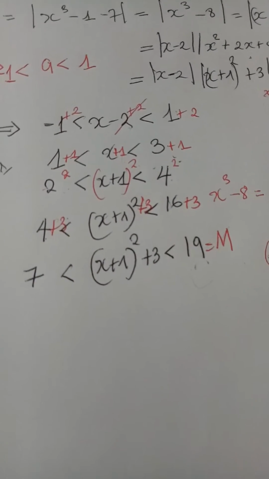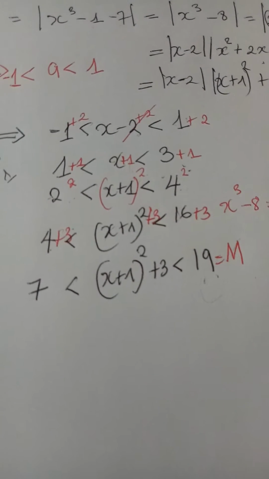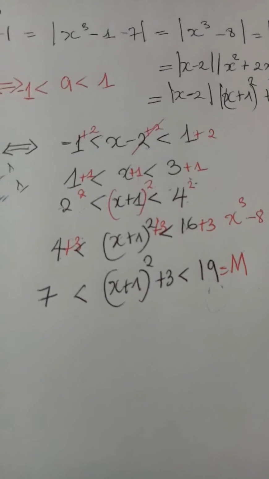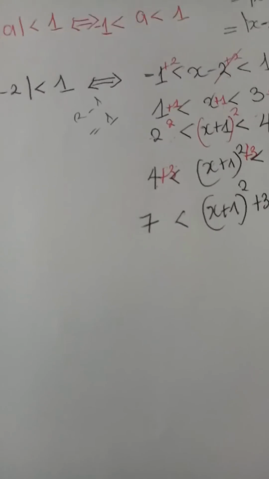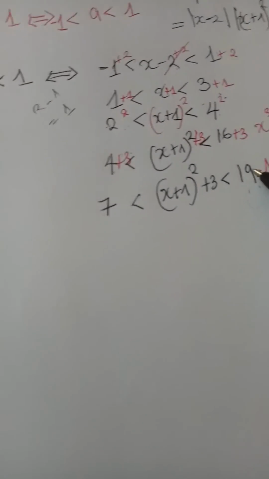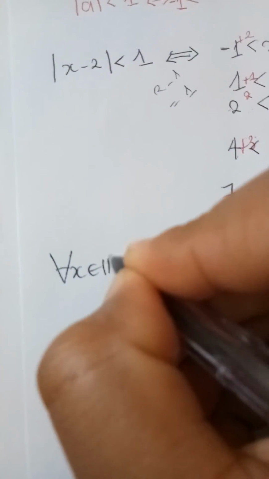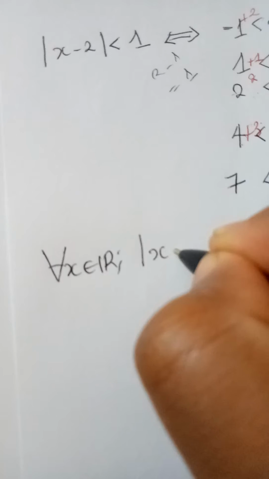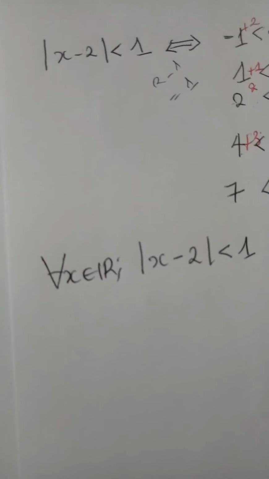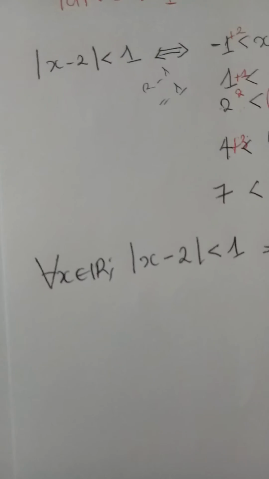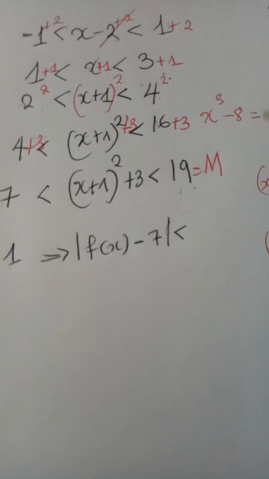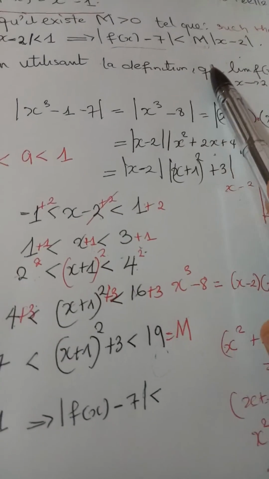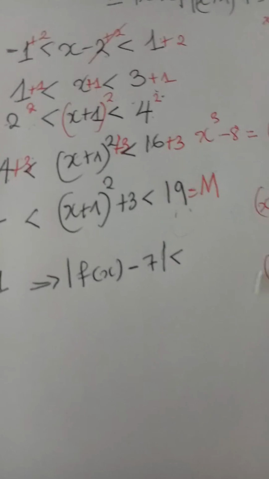Okay, so in the next video, which will be part 2, I'll be doing the other parts. But before we go, we'll conclude this particular question by saying we've gotten our M is 19. So tout simplement, on va juste écrire que petit x appartient à R, x moins 2 inférieur à 1 implique que f de x moins 7 est inférieur à, instead of putting the M again here, I replace it with 19, which is what we got here.